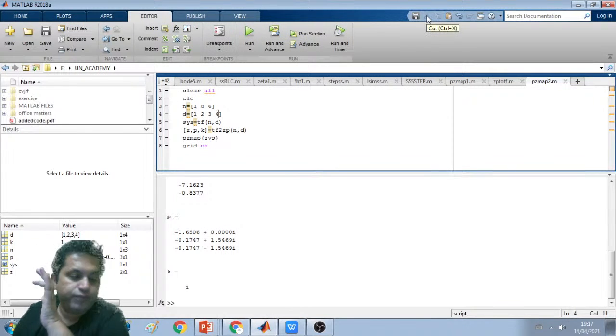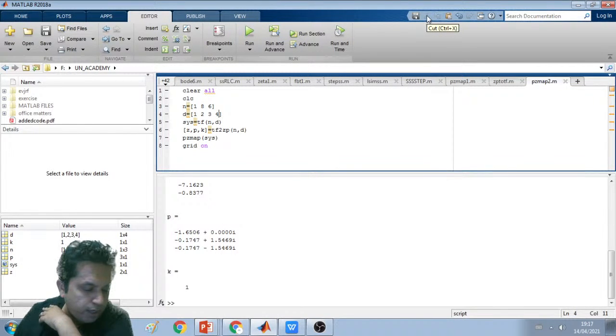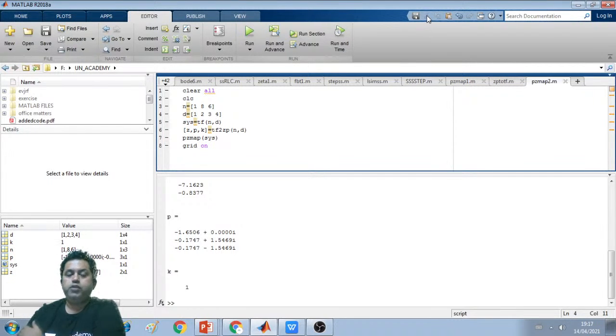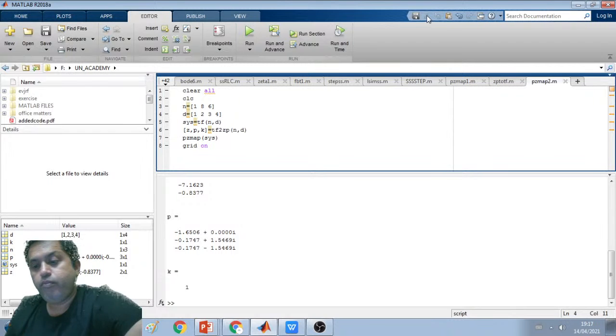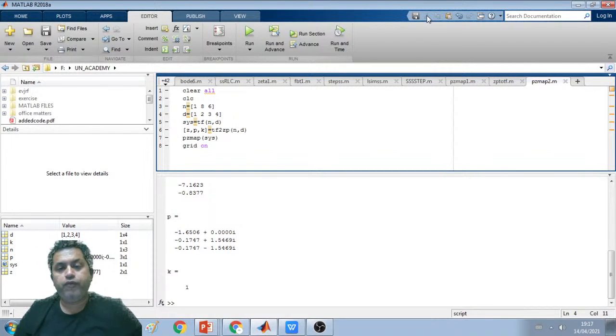So in this way you can plot the pole zero diagram of a system. So this is how to plot the pole zero diagram.